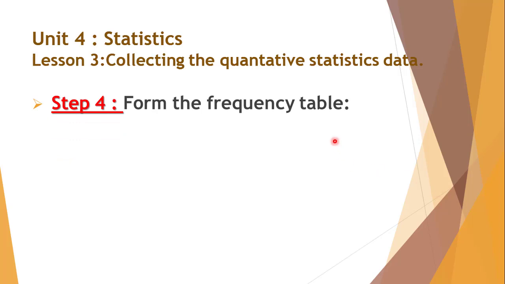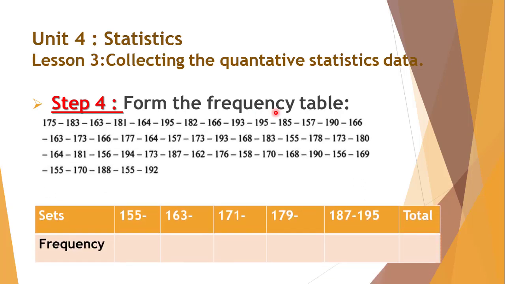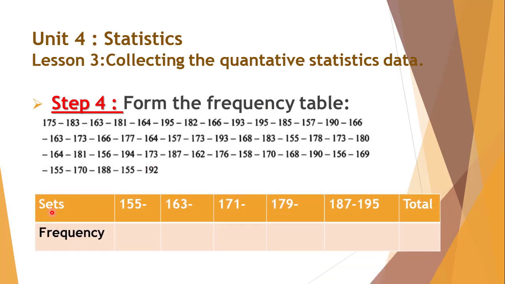Let's form the frequency table. This is step number 4, to form the frequency table. The frequency table consists of sets and the frequency. The first set will be from 155, and add 8 to 155. It means 163.